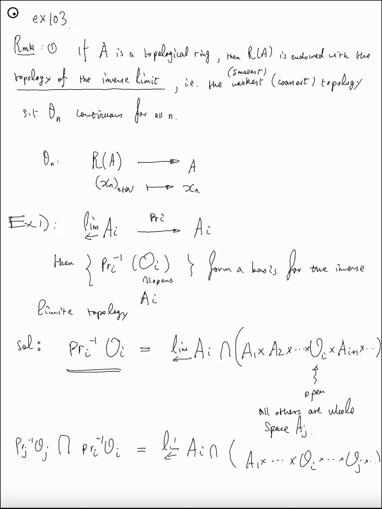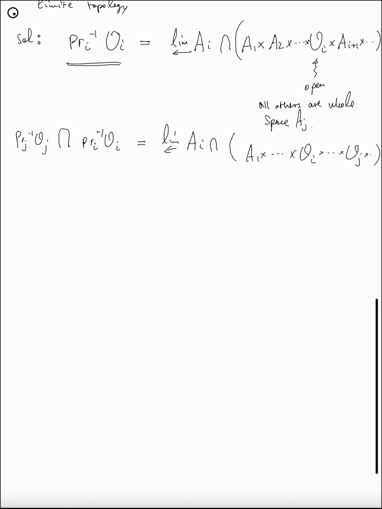And this is very bad notation, but you understand what I'm saying, because the opens of the product topology are given by: all but finitely many positions are the whole space. Instead, they could take some opens of that corresponding space.